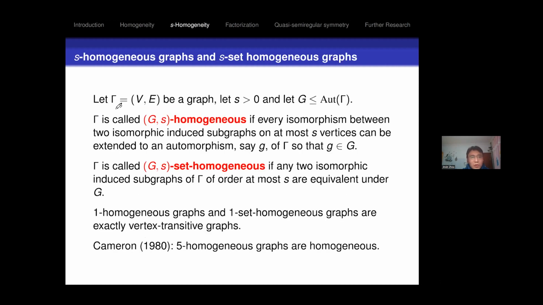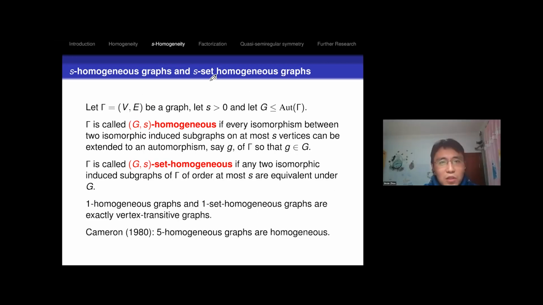First, let's look at s-homogeneous or s-set homogeneous. Let gamma be a graph. Let s be a positive integer. Let G be a subgroup of Aut(gamma).